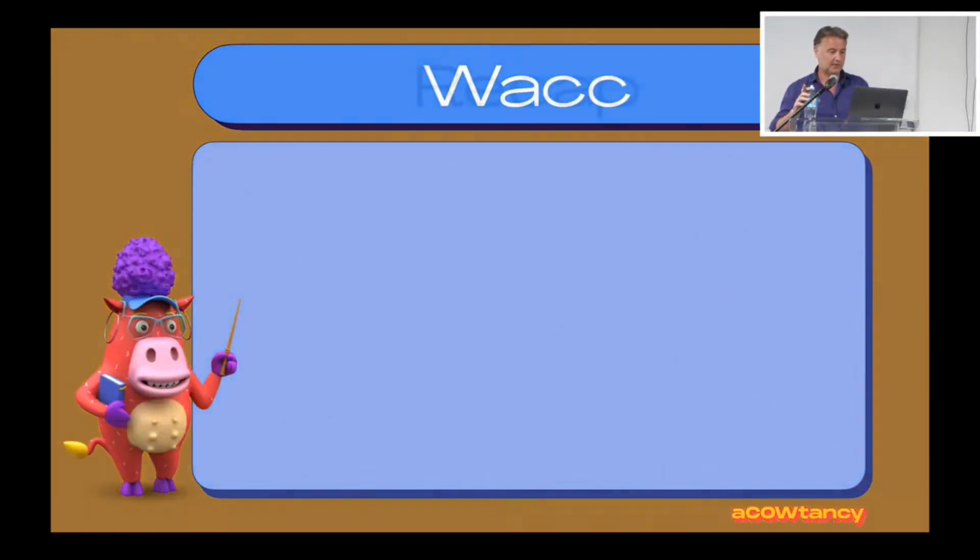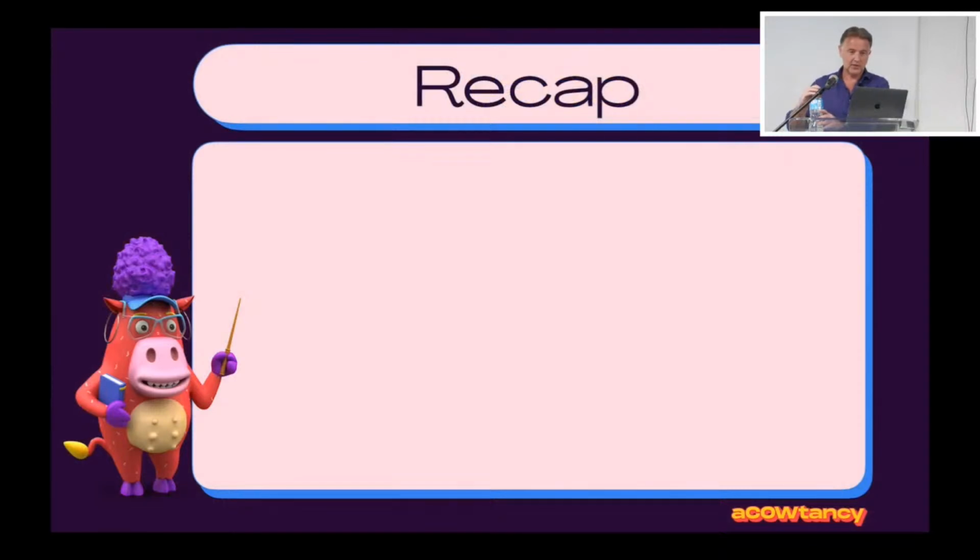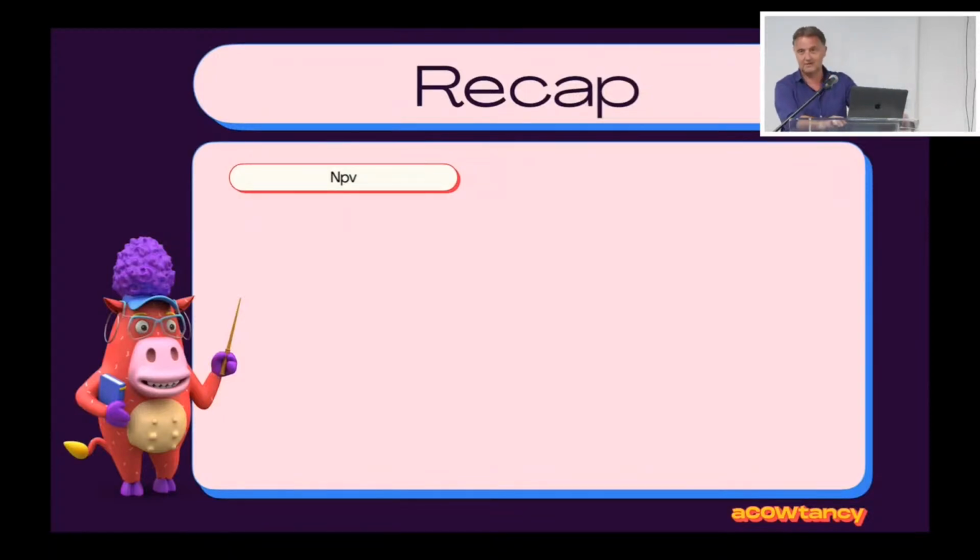Have to speed up a little bit, I think. So let's speed up with a cheeky recap. Net present value equals NPV what? This is what you did about 30 minutes ago, folks. NPV, rate and then cash flows.